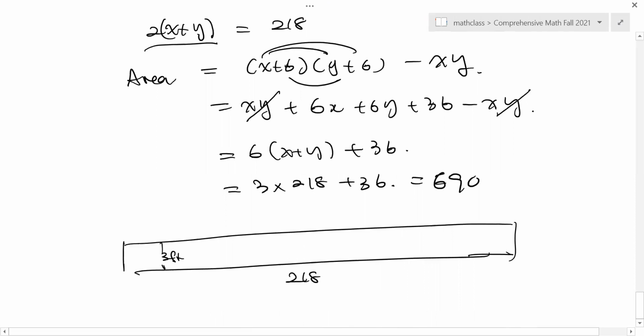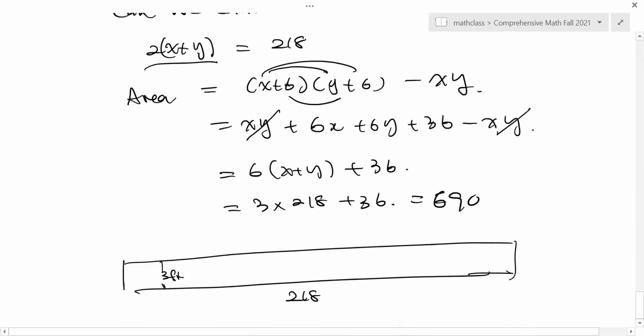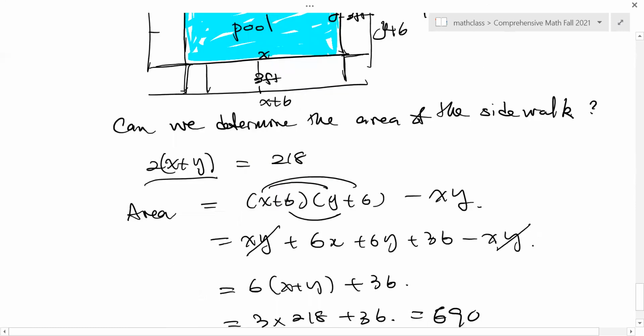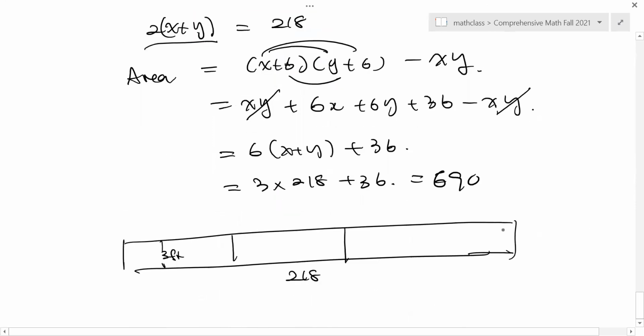After you remove those 4 corners, you have 4 rectangles, right? These 4 rectangles are lined up. Then you get those 4 rectangles. Total length is 218. The width is 3.